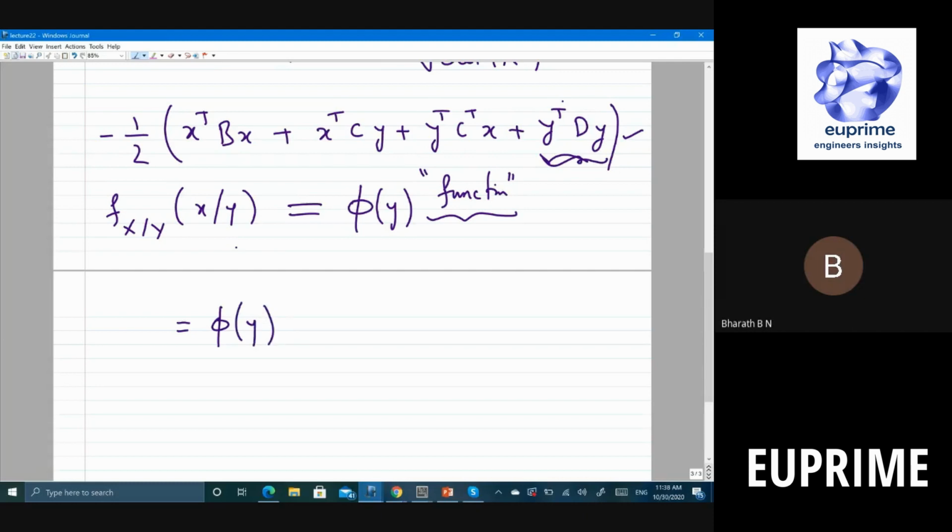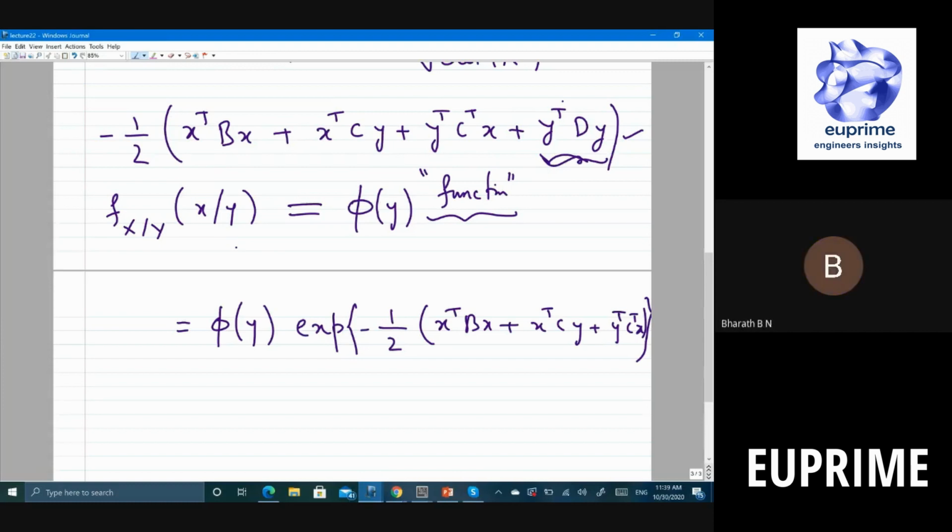We will see what phi of y is. The remaining is exponential of minus half times x transpose Bx plus x transpose Cy plus y transpose C transpose x. Is that fine?